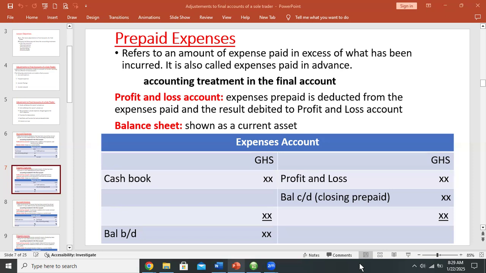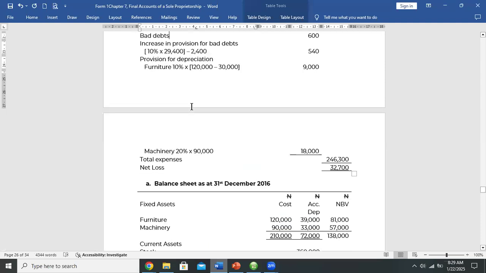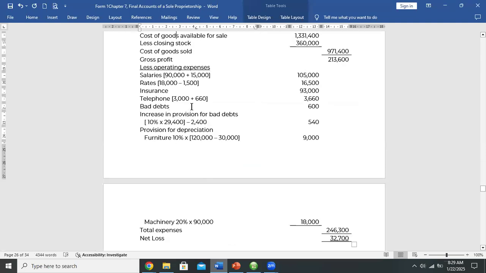Yes. Okay, so my point was that if your rent for a year is 3,000 Ghana cedis, but you paid the landlord 3,500, then if you are preparing your profit and loss account for the year, the amount of rent you have to charge as expense should be 3,000, because that is the rent for that year.